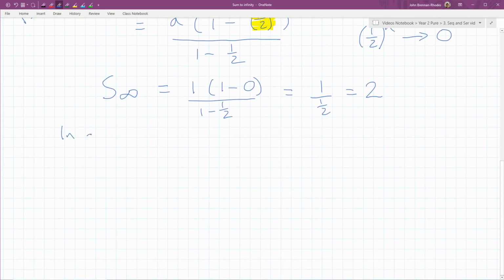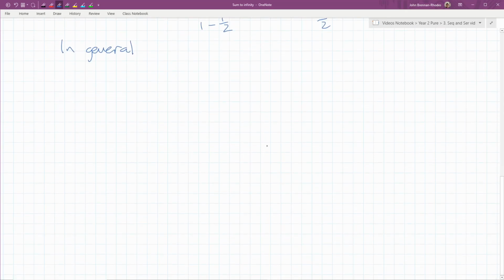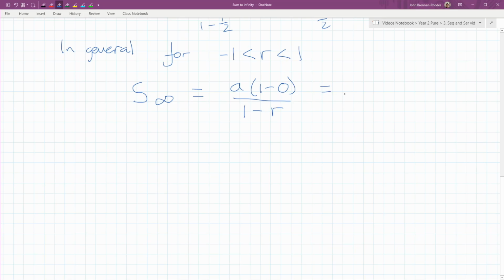So in general, this only works when r here is between minus 1 and 1, because otherwise that number gets bigger and bigger and bigger. If it's between minus 1 and 1, that gets smaller and smaller and smaller. So in general, for r between -1 and 1, can't be 1 or -1, it has to be between, S infinity is equal to A, 1 minus 0, because that bit tends to 0, over 1 minus r, which is equal to A over 1 minus r.